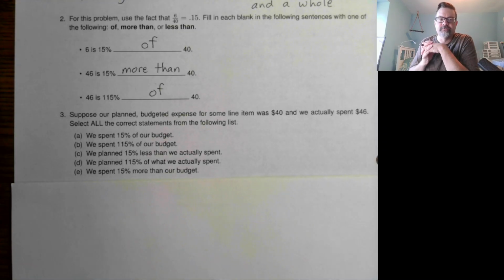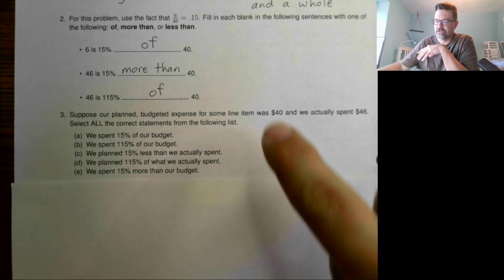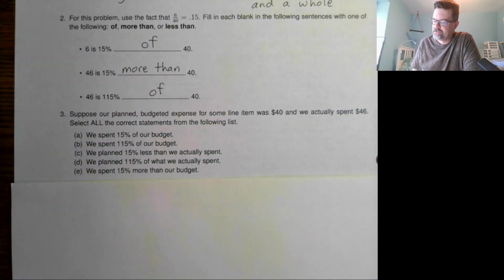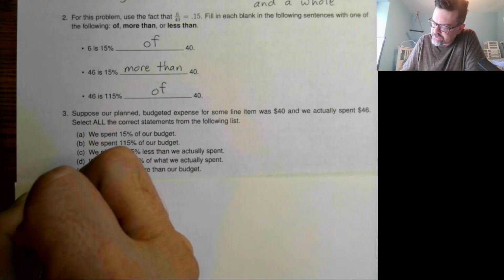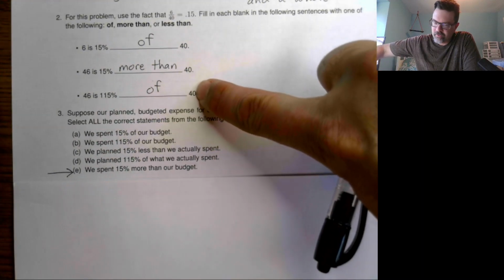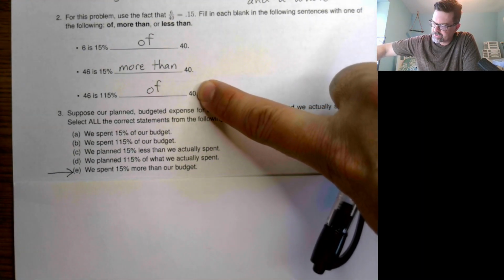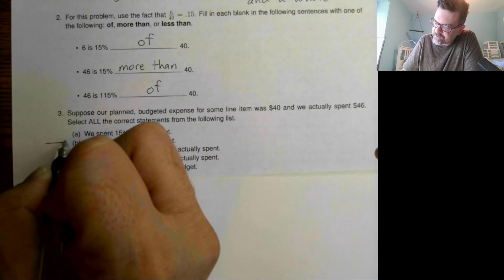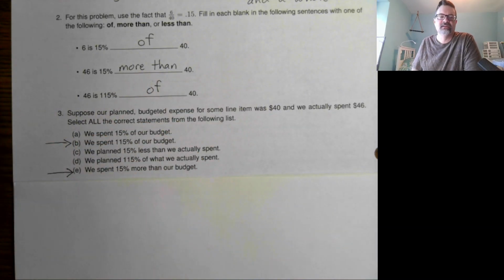All right, so 46 is more than 40, like we just talked about up here. In particular, it's 15% more than 40. So it would be accurate, certainly, to say we spent 15% more than we budgeted. Our 46 was 15% more than 40. But this statement was also a correct statement: what we spent was 115% of the 40 that we budgeted.